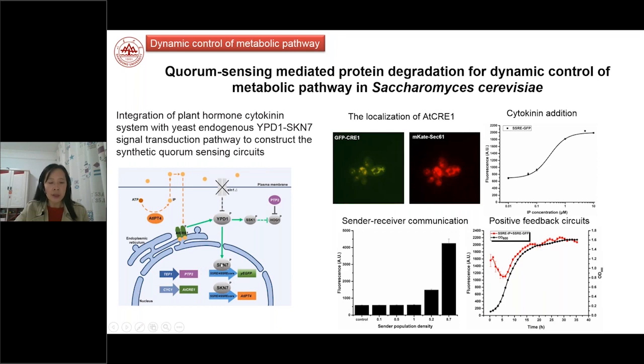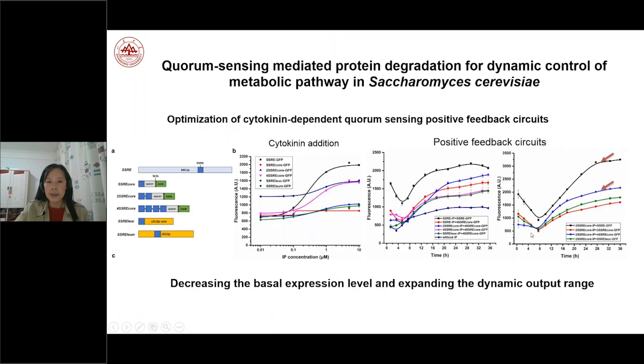We engineered the protein to control the promoter and the expression of GFP, or engineered the promoter to control the production of the signal molecule. And then we indeed obtained several circuits which have a lower basal expression level and a higher dynamic output range.